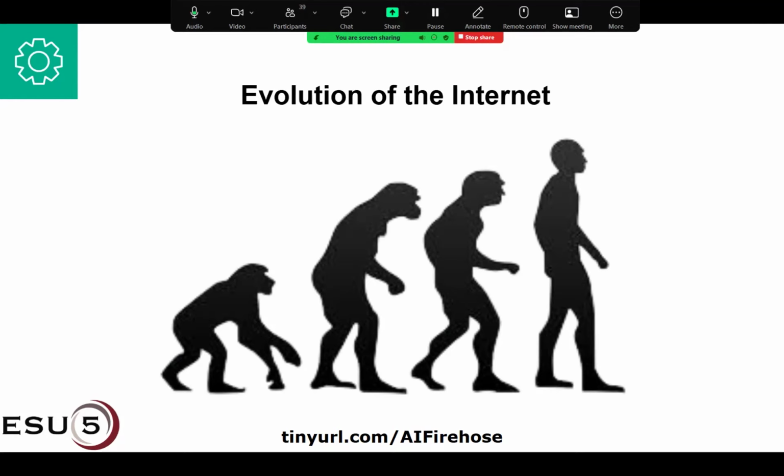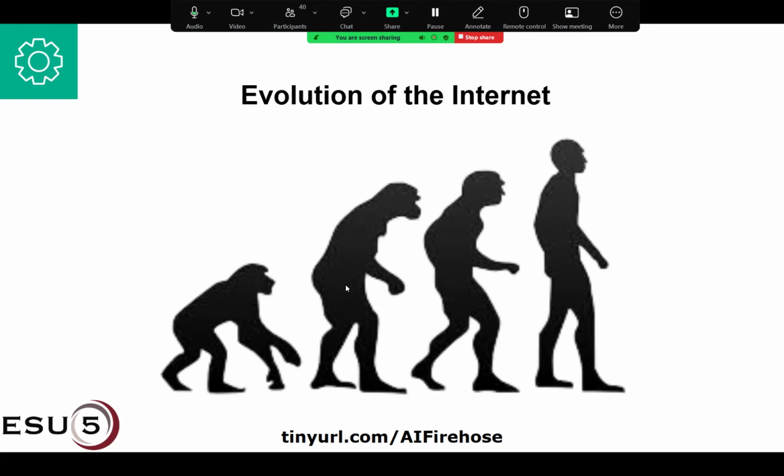Generally, that was a spot where you could log in and access some information. That might have been text, it might have been images. If you were lucky, you might have had a video, but generally speaking, it was a consumption of information that other people put onto the internet.